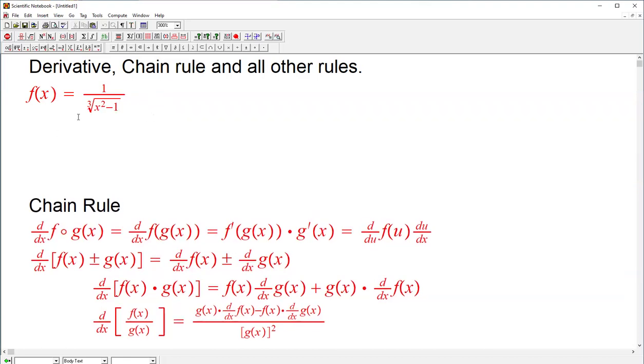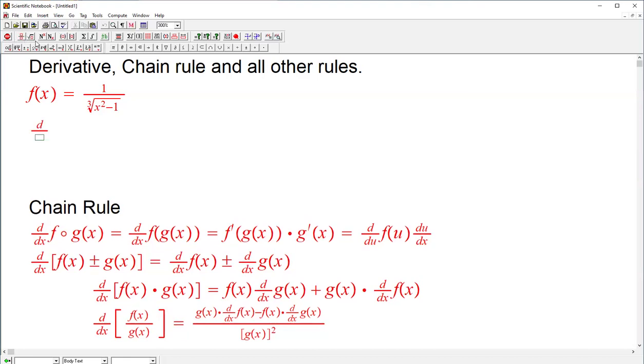Okay, of course, we're going to take a derivative with respect to x. So f of x, that's what we are interested in. The function itself, we can see as an exponential function. Of course, you can also do this by quotient rule.